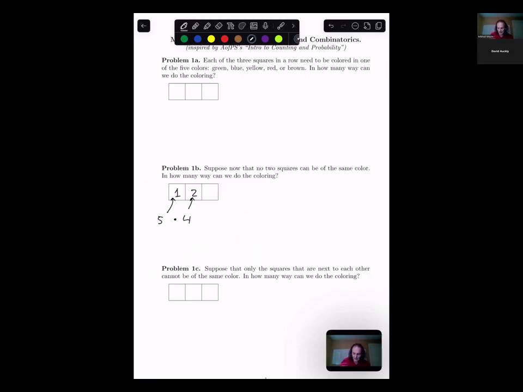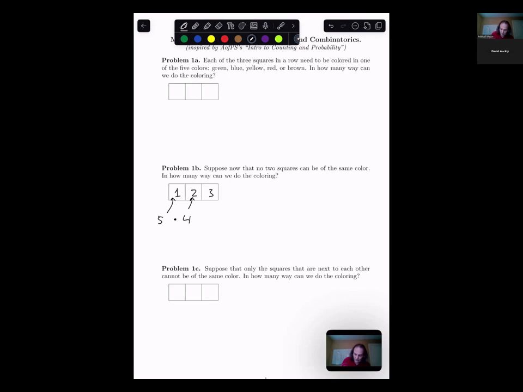But you see, even though those options depend on the first choice, right? If we use blue, then we cannot use blue. If we use green, we cannot use green. But the number of choices on the second step does not depend on the previous choice. So because of that, we can just multiply. That's really nice.